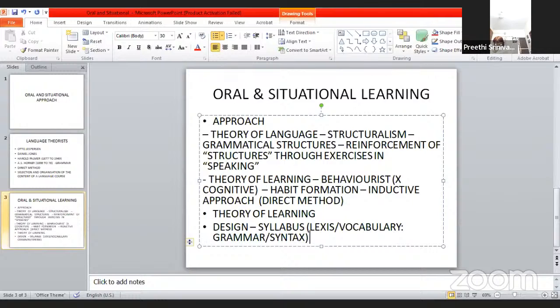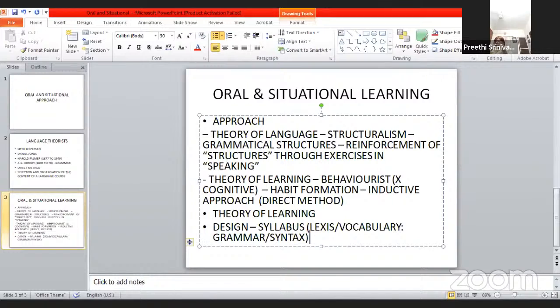So in other words, they will introduce person, first person, second person, third person, singular, plural, and how structures vary according to tense and person.